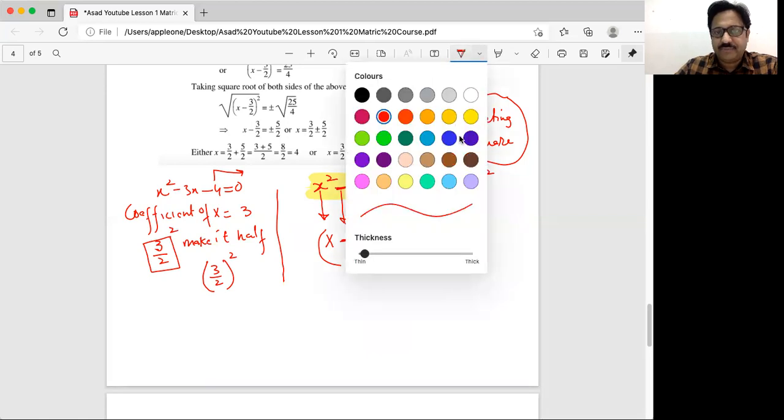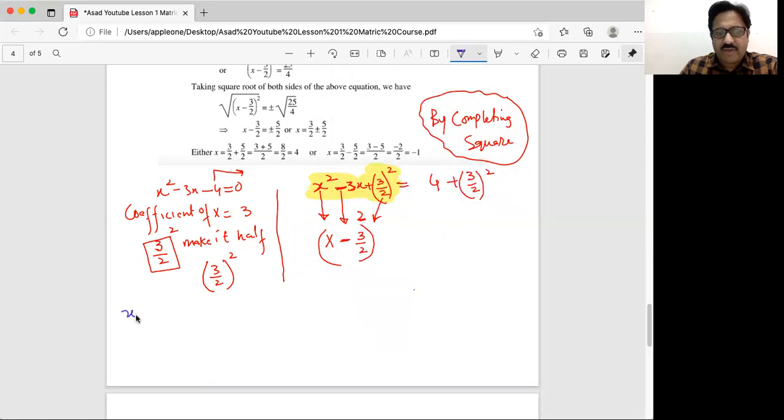I'm changing the color. I will take the blue color. Now, if I take x minus 3 over 2 whole square, this is basically x minus 3 over 2 and x minus 3 over 2. अब देखिए, x with x becomes x square, x with 3 over 2 becomes minus 3 over 2x.